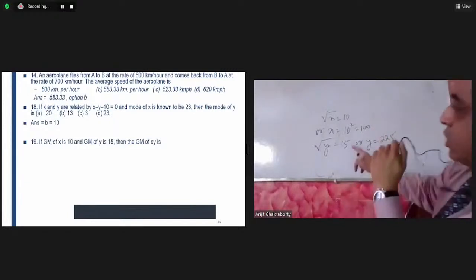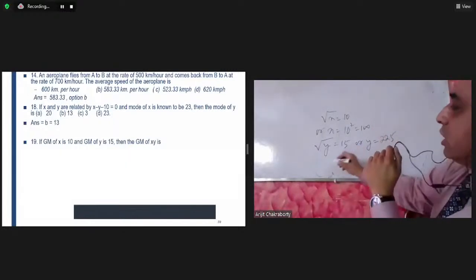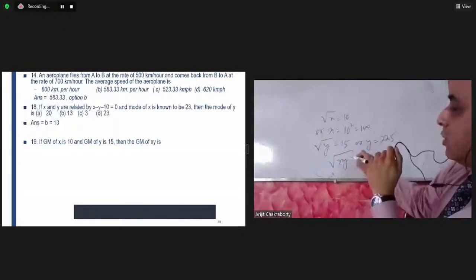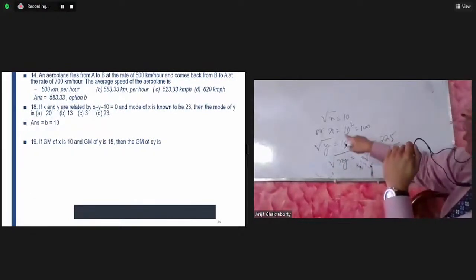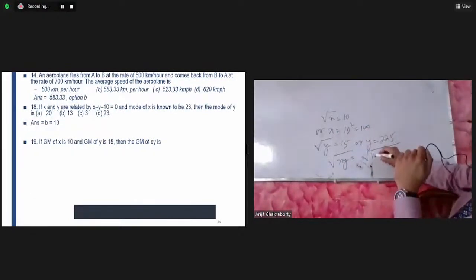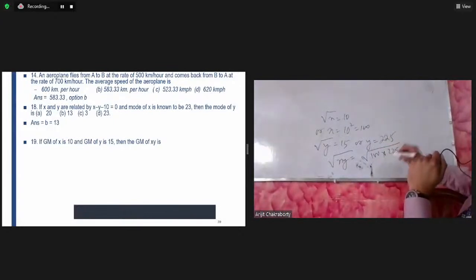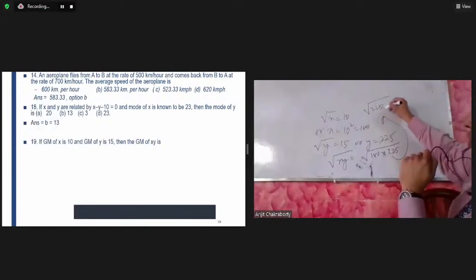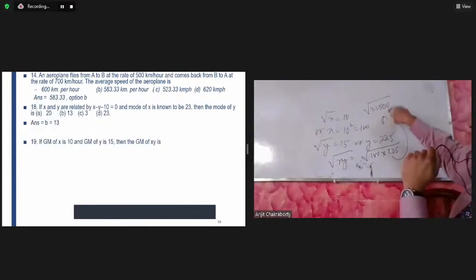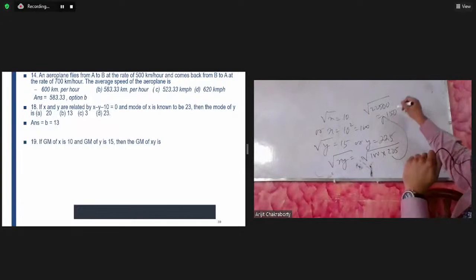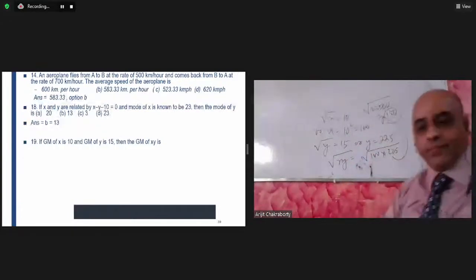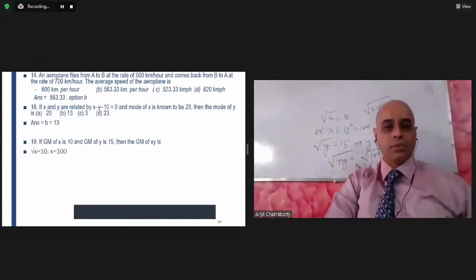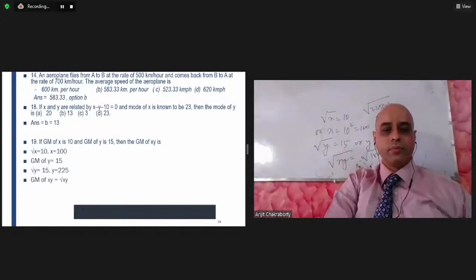GM of xy will be the square root of x into y, 100 into 225. That means it is square root of 22500. The square root of 22500 will be 150. So the answer is 150.